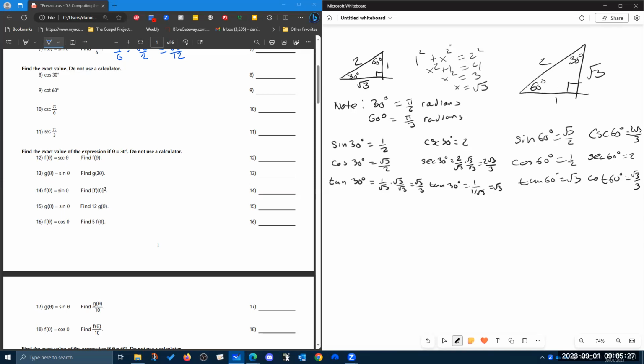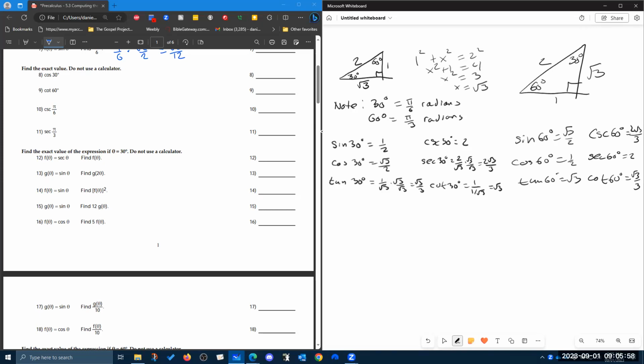And the cotangent of 30 degrees needs to be the same thing as the tangent of 60 degrees. There you go.